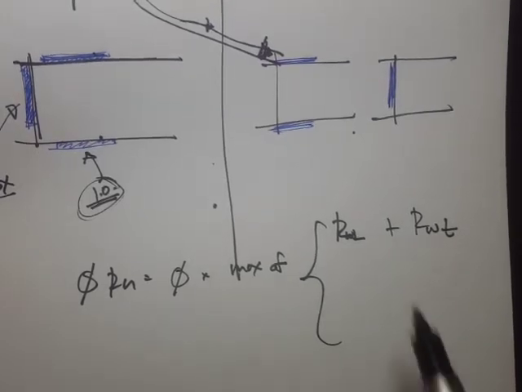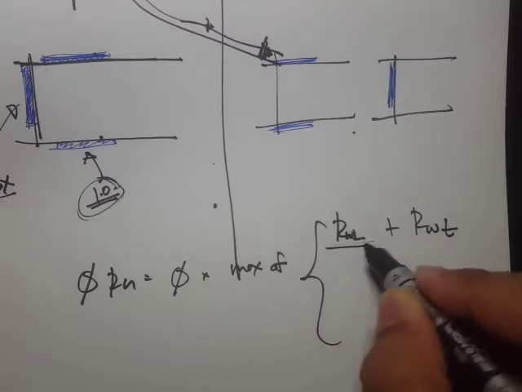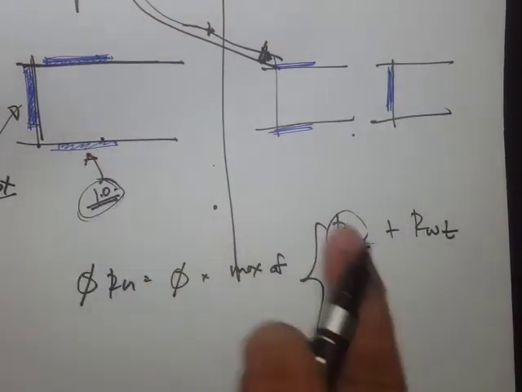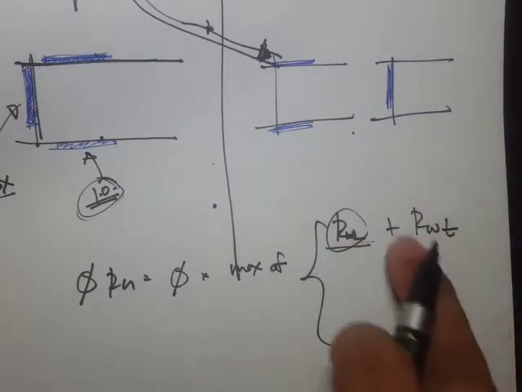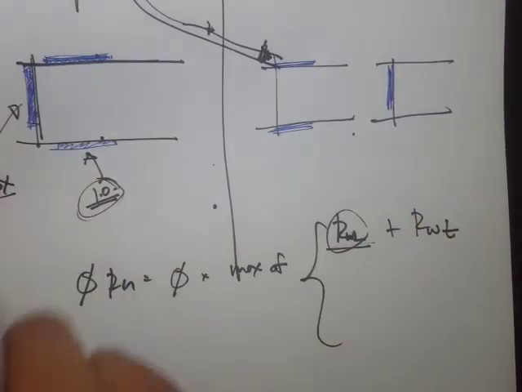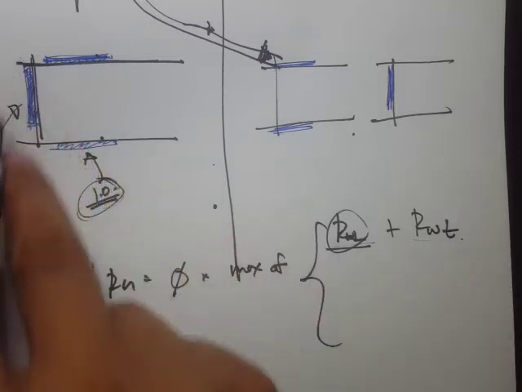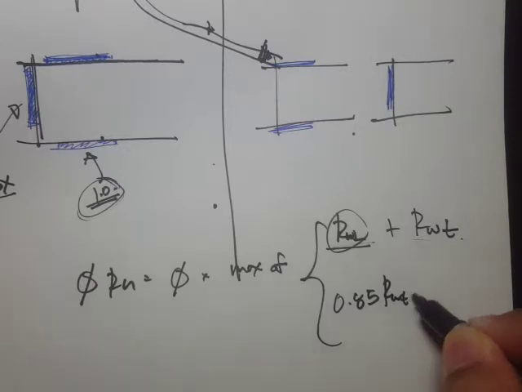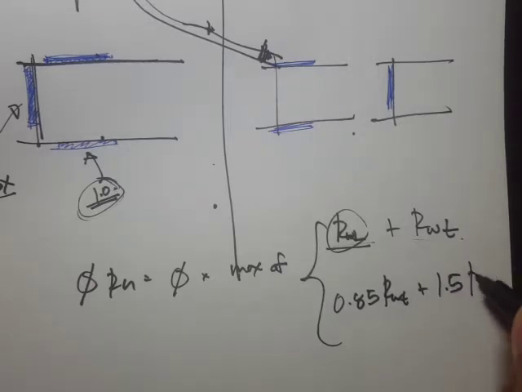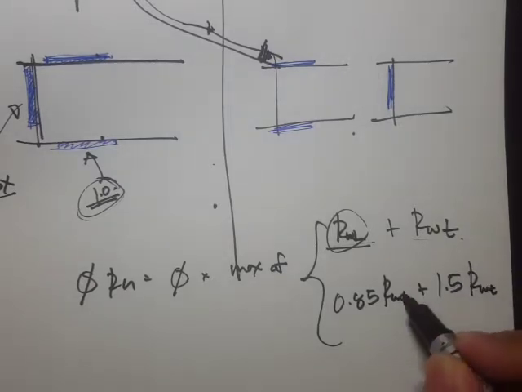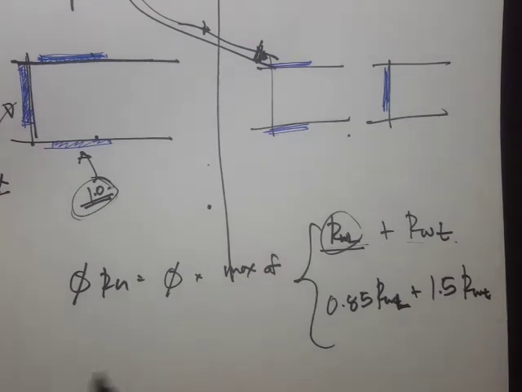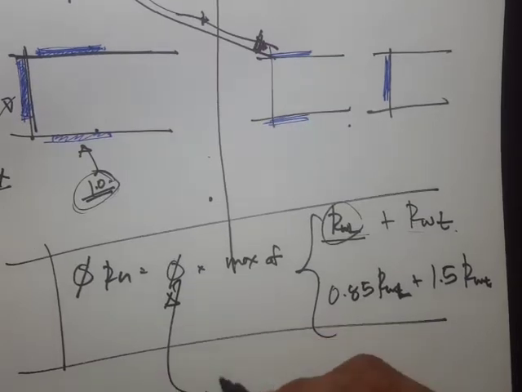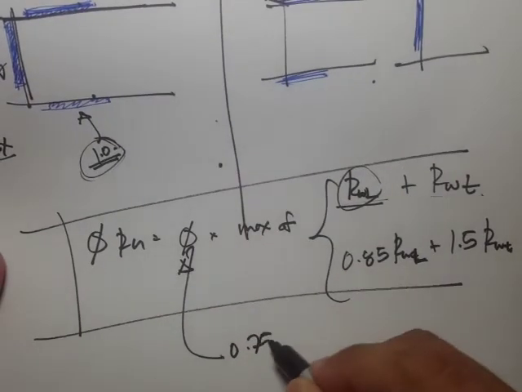Okay, so meaning what's the strength in this longitudinal section, and what's the strength in this transverse portion, or 0.85 RW L plus 1.5 RW T. Okay, and this reduction factor is 0.75.